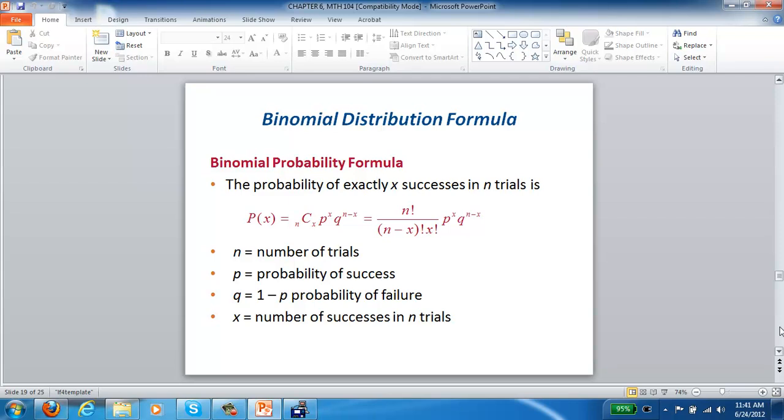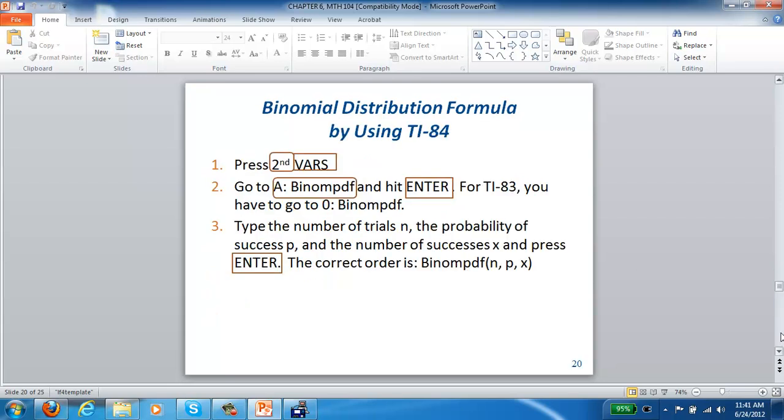This is the binomial distribution formula, but we are not going to use it since we will use the graphing calculator. I have the whole formula here, but I will explain how to use the graphing calculator. These are the steps for the graphing calculator.